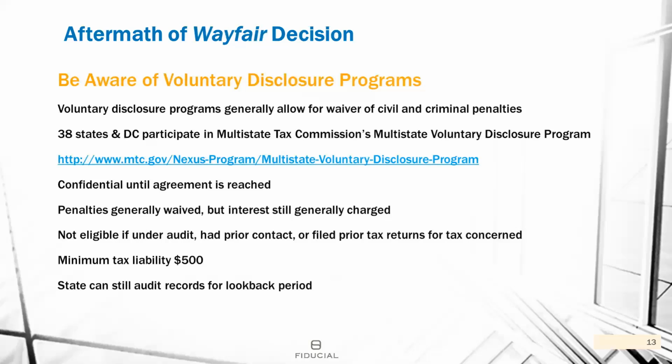Minimum tax liability is generally $500. If it's less than $500, they expect you to pay it. Another important thing to bear in mind is that the state can still audit your records for the look-back period. So in other words, you make a voluntary disclosure agreement that covers the last 3 years.